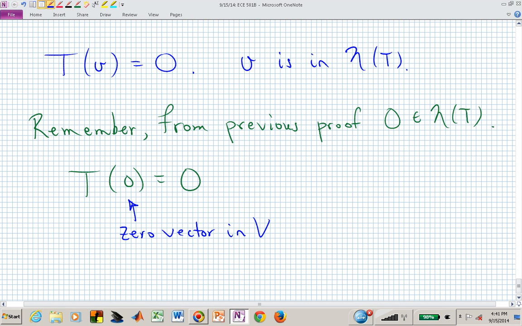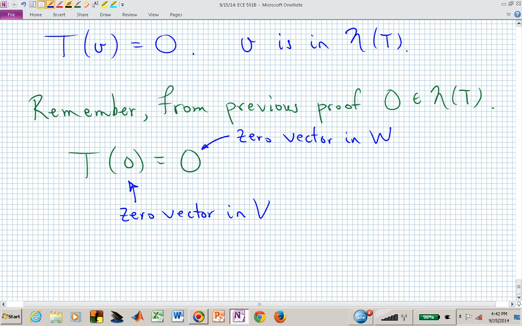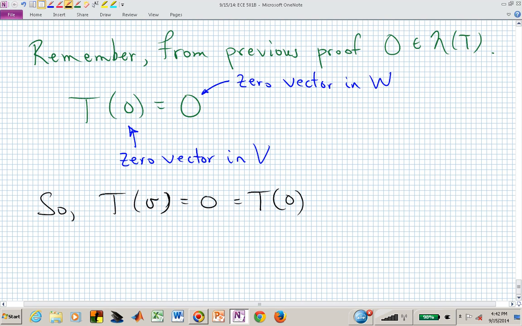That's the 0 vector in V, and this is the 0 vector in W. Well, now we have T of V equaling 0, but 0 is also equal to T of 0. We let V be in the null space, but now we've shown that T of 0 is also equal to 0.